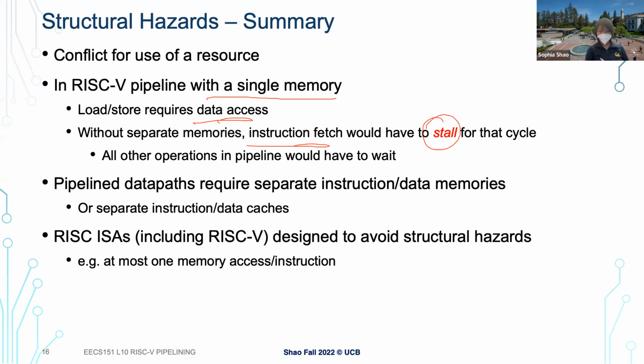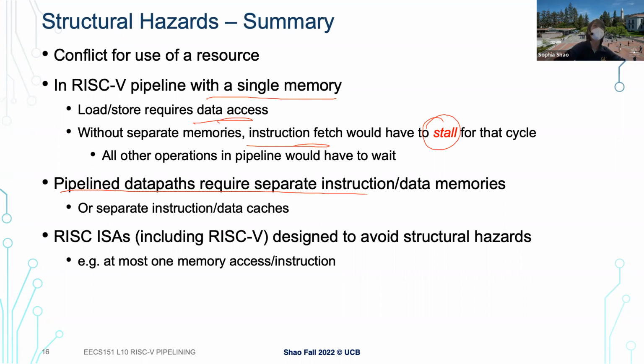And typically, in most of today's designs, we have separate instruction and data memory, and especially for this class, we'll mostly have separate data and instruction memory so that we are not limited by either instruction access or data access. And generally, when we design ISAs, one thing we notice is that we only have at most two reads and one write.